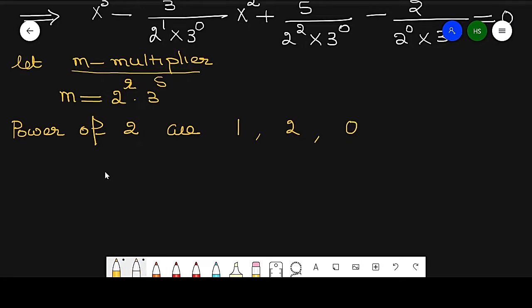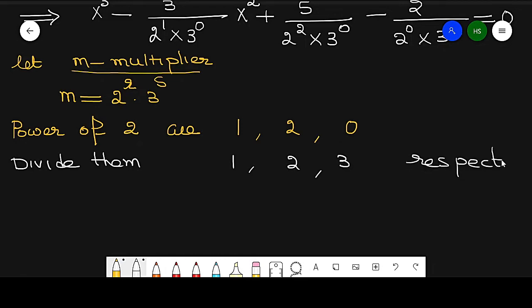Now divide them by 1, 2 and 3 respectively. So this becomes 1 by 1, which is 1, then 1, and this is 0.